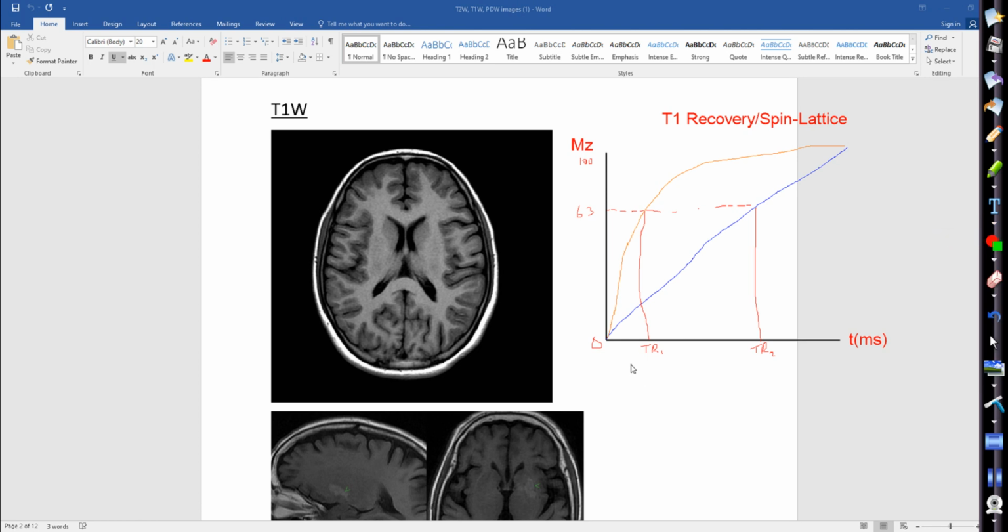And those numbers were very similar. TR for fat was what? 100, 200. What did I have on that chart? 200. And then water was no different. It was 2,500, right? Okay. All right.